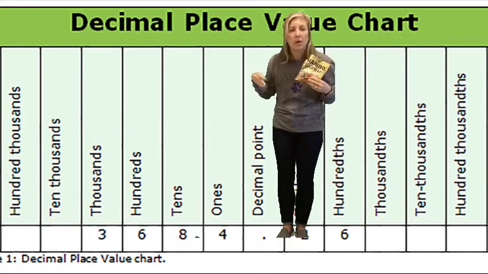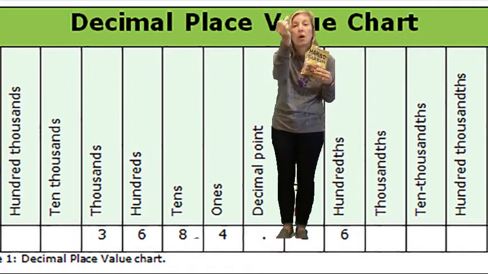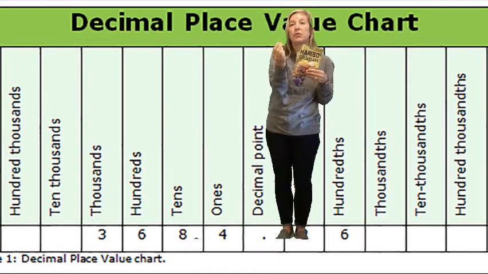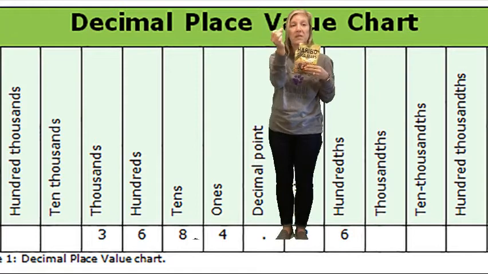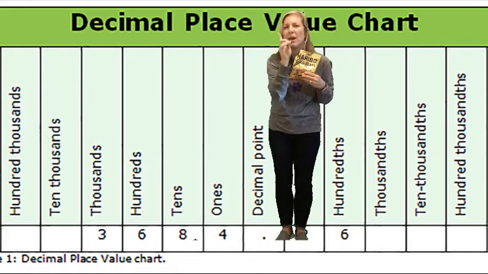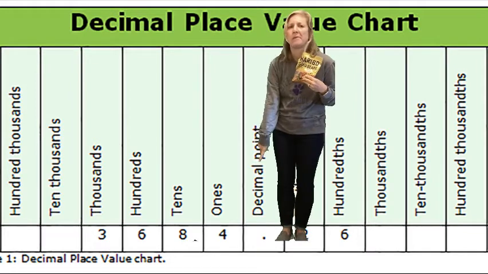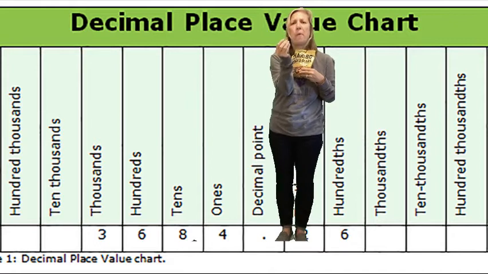And then the 4. The 4 represents 4 ones, or 4 whole gummy bears. So far, we're talking whole gummy bears, 3,684 of them.